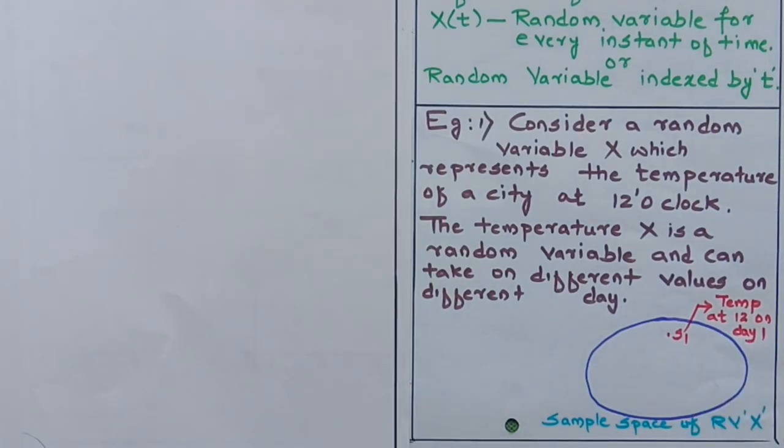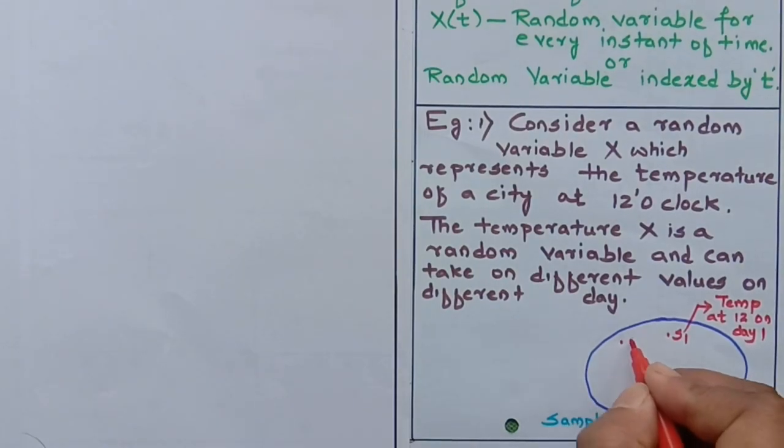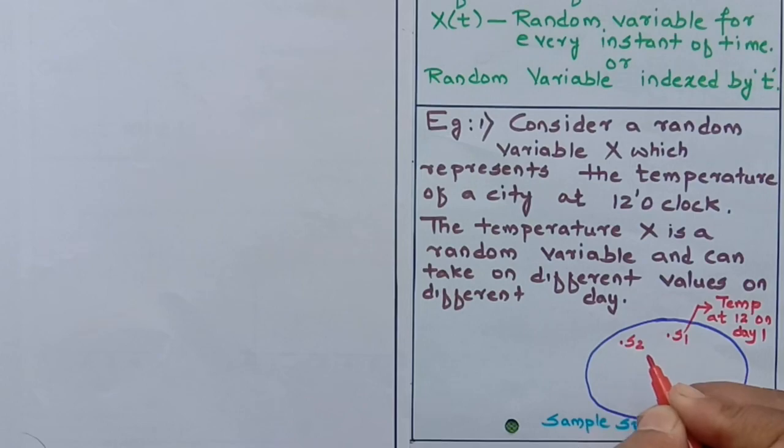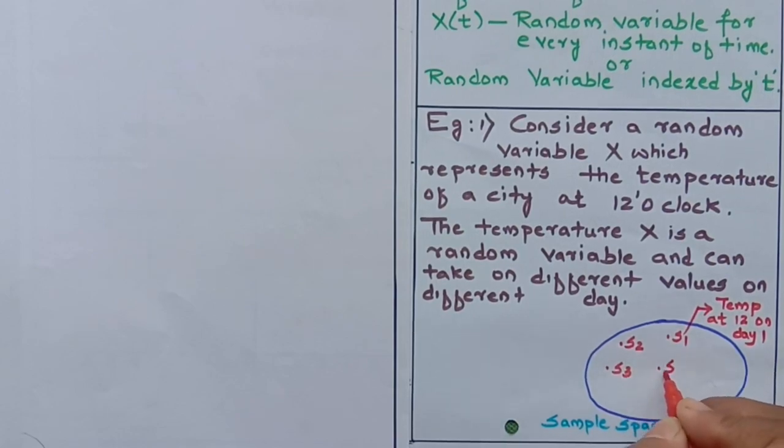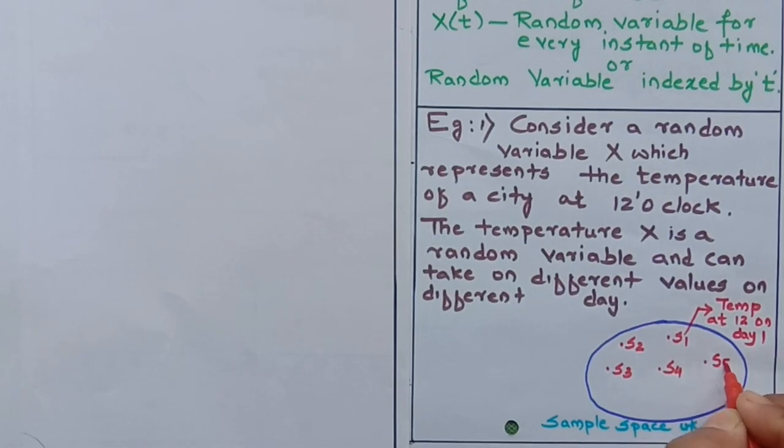Similarly, we have to record the values for many days. Suppose on the second day also we have recorded, it is S2. Similarly S3, S4, S5, S6 and so on.